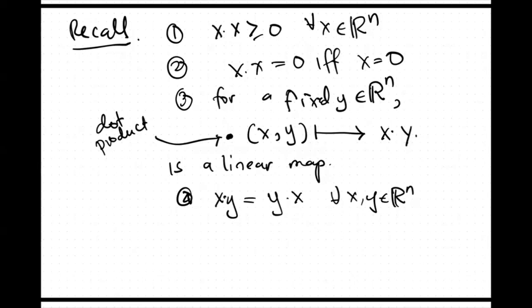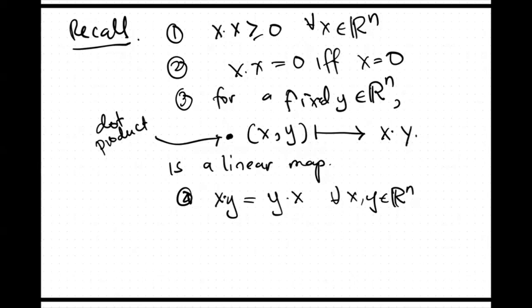Because we are working with R and C, we can have a corresponding notion in the case of a complex vector space.